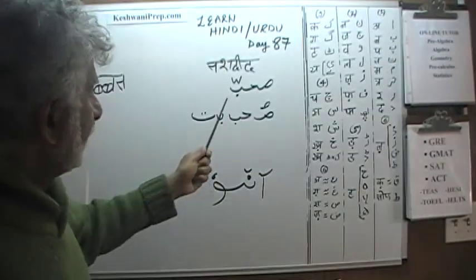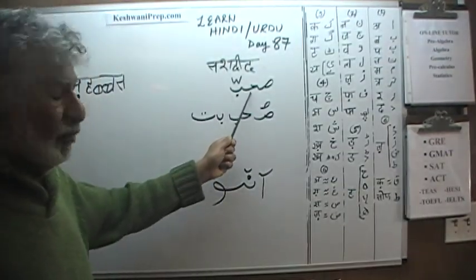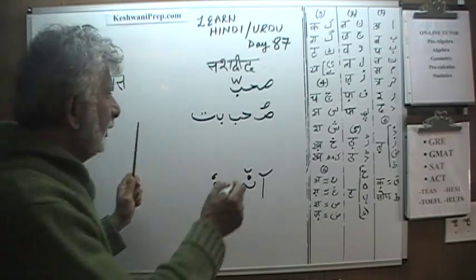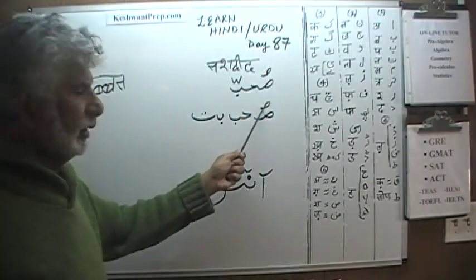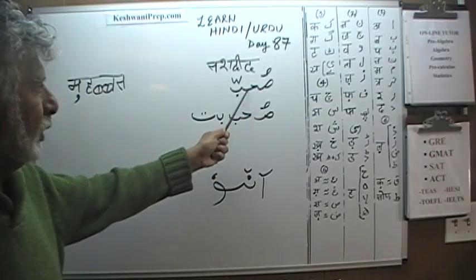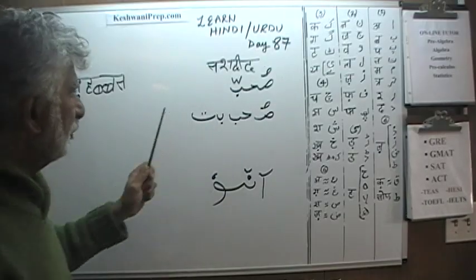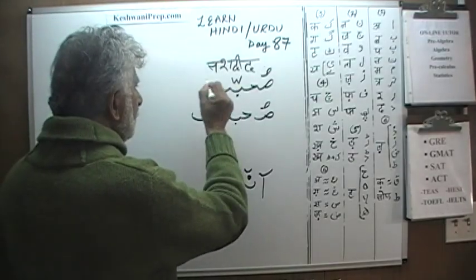First time, pronounce this letter with the letter that precedes it, so it's mu, with the u ki matra, mu, hab, and then pronounce it one more time, mu, hab, and then bat. Muhabbat.